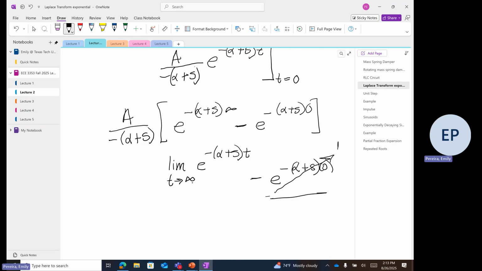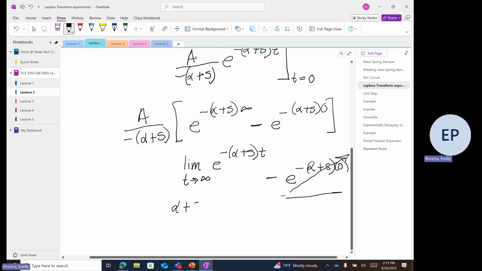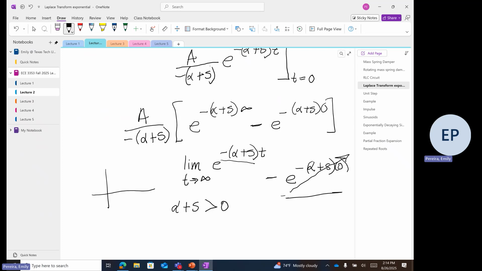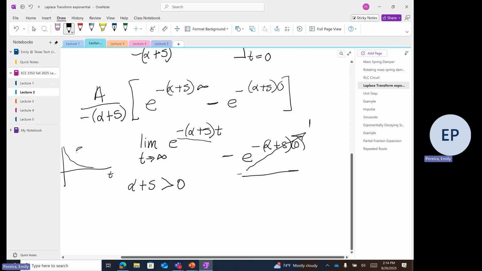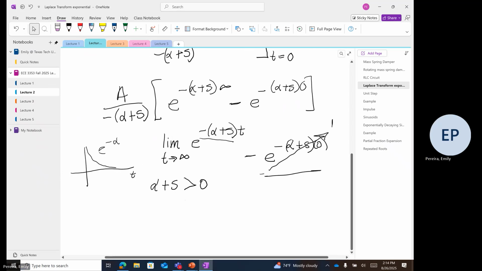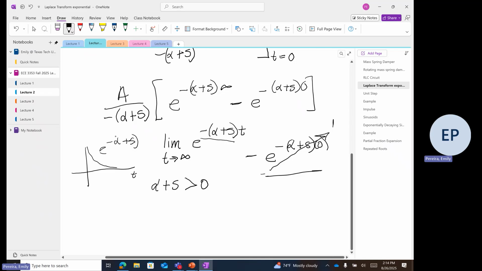And now as we go towards infinity, as long as alpha plus s is greater than 0, then this guy is going to be a decaying exponential. It looks something like this. As time goes to infinity, this e to the negative alpha plus s times t will go to 0. So ultimately this goes to 0 and this goes to 1, as long as this holds true.